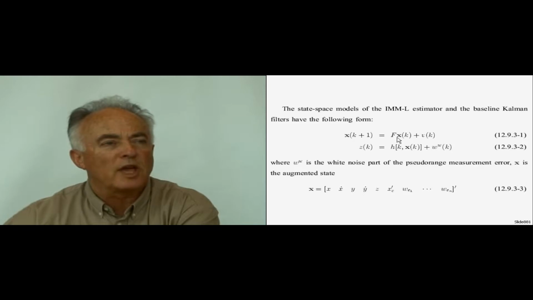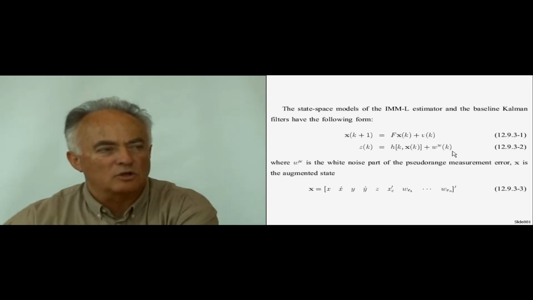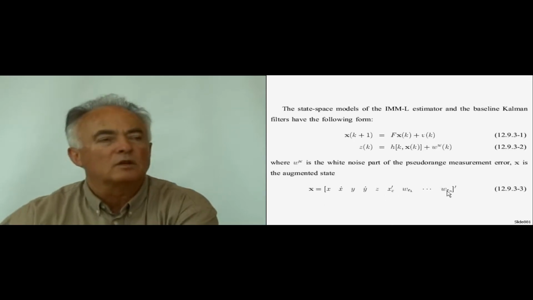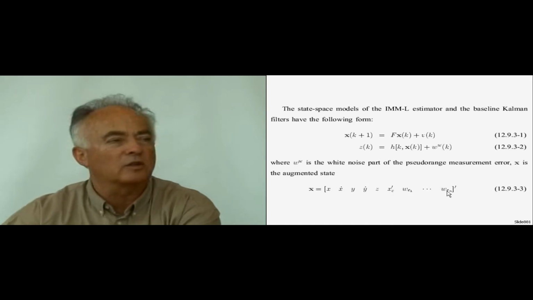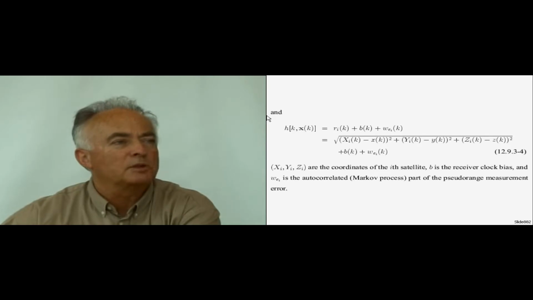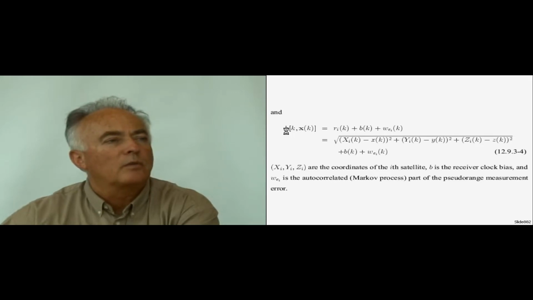The x already includes the autocorrelated parts of the measurement error, which is why we have only the white noise here. And this is why we have this 9 plus n dimensional state vector. And we have the expression for the measurements here.